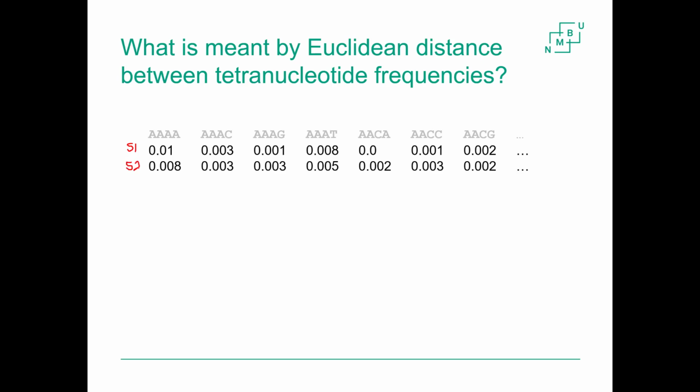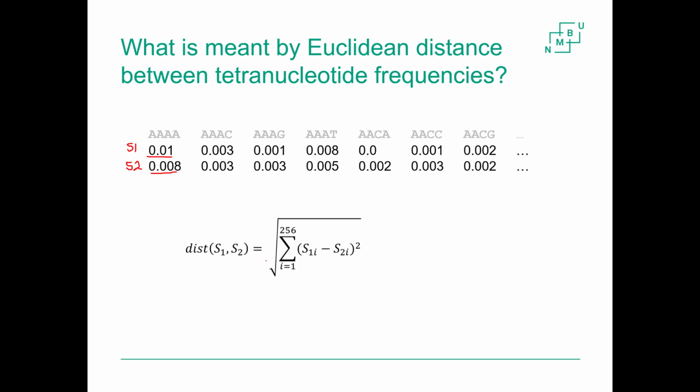And now you can see why it is so important that we have a fixed ordering here, because now this value here should be compared to this value here, and the same for the rest. And what is actually the Euclidean distance between S1 and S2, between these two vectors? Think of these two rows as two vectors, right? What is the distance between these two rows?